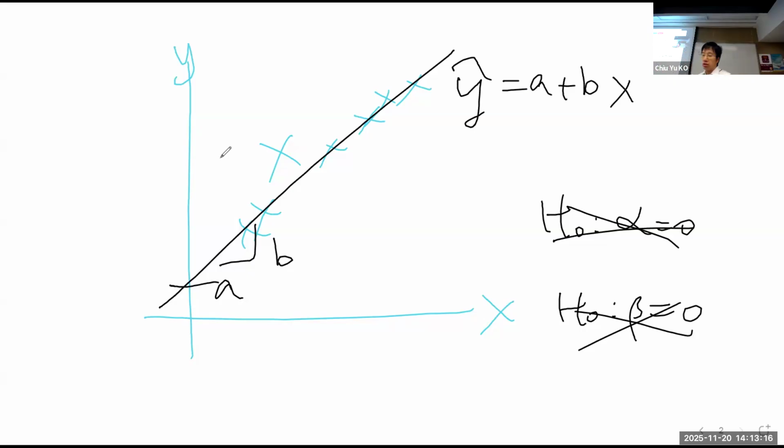Remember, Y can be more than this, because it depends on a random term. This Y hat is the average performance of Y.